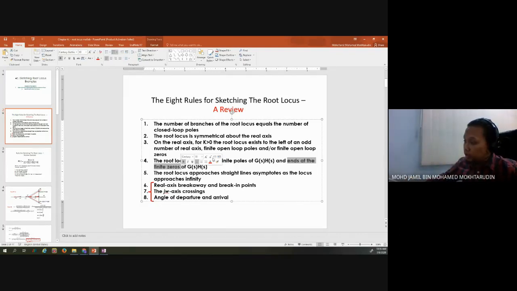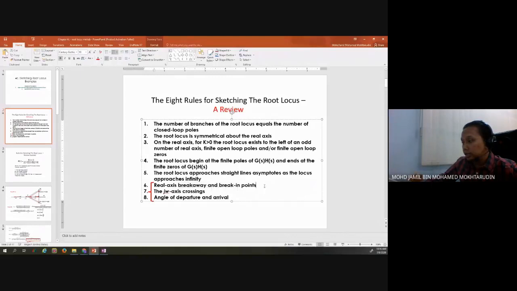And number 5, the root locus approaches straight line asymptote, so ada asymptote. So asymptote has its formula. I think in your quiz 12, I already list down the formula, so that's basically your notes. So there are 3 more rules which require calculation. The first one is breakaway and break-in points.